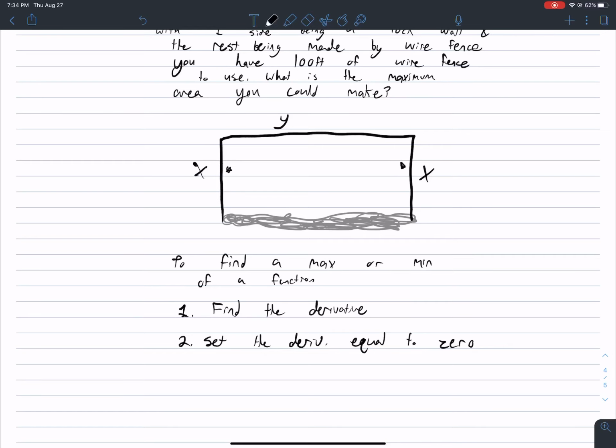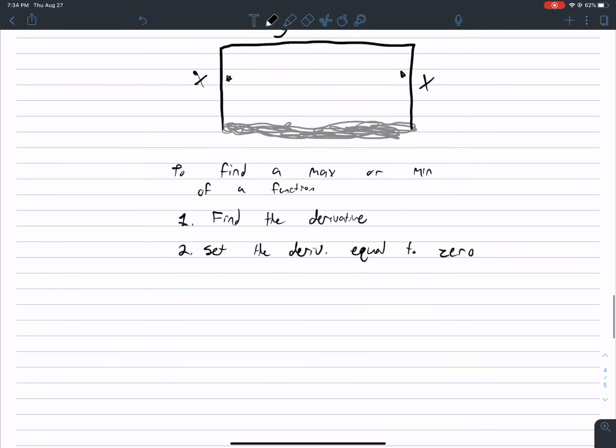When you're setting it equal to 0, you're finding the point at which the sign of the derivative is changing. So if it's going from either negative to positive, or from positive to negative. Draw little arrows.